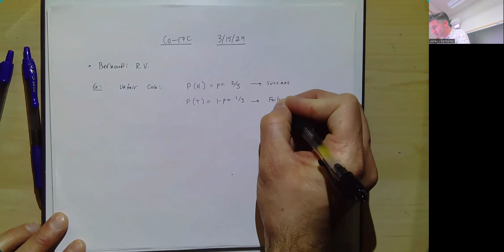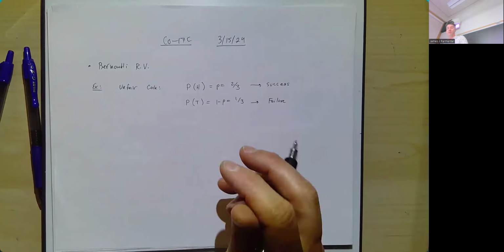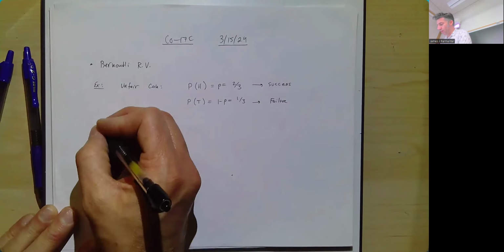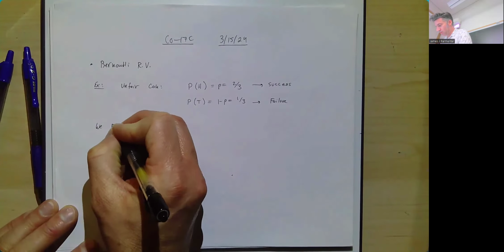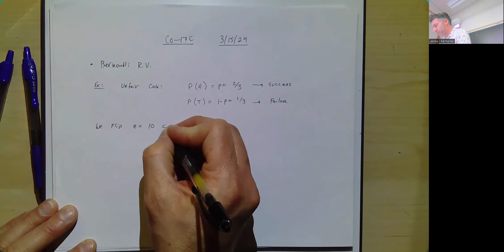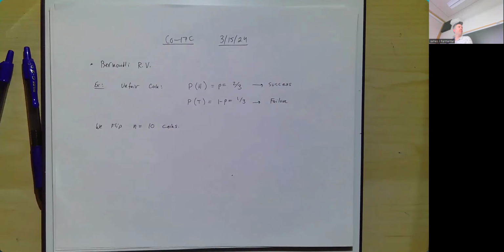If you take stats or have taken stats, you have probably seen this before, or will see it when you take it. And so then let's say we flip n equal to, I don't know, 10 coins. 10 is not the best choice here, but fine.